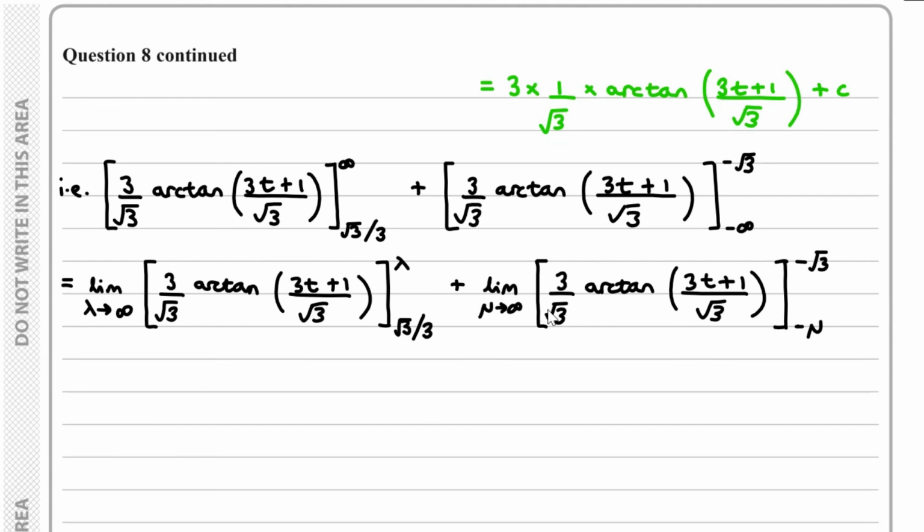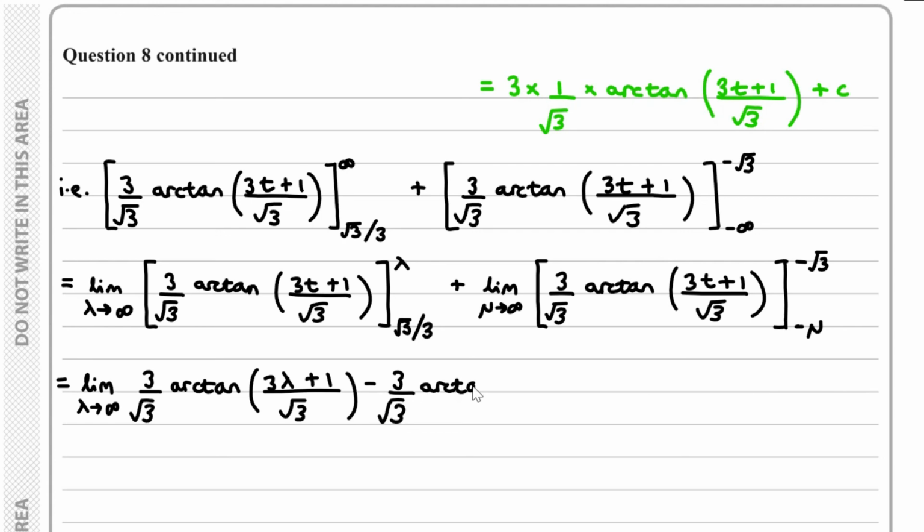So if we work this out, here what we have is the limit as lambda tends towards infinity of 3 over root 3 times by the arctangent of 3 lambda plus 1 over root 3, and then we subtract off the lower limit, which is simply 3 over root 3 times by the arctangent of 3 times by root 3 over 3 plus 1 divided by root 3.